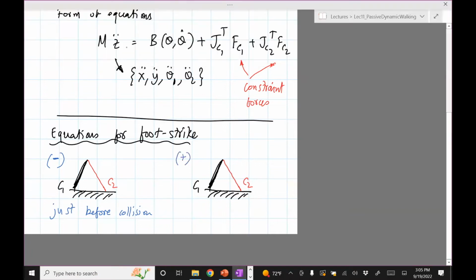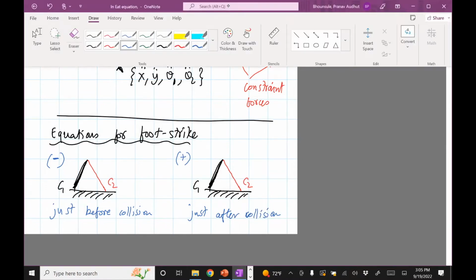So I'll use plus for just after collision. So why do the figures look the same? What's going on? What's different?